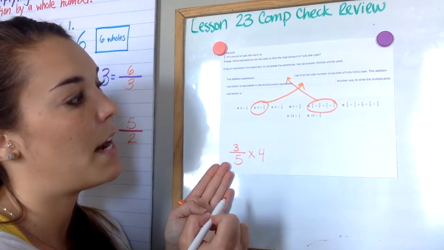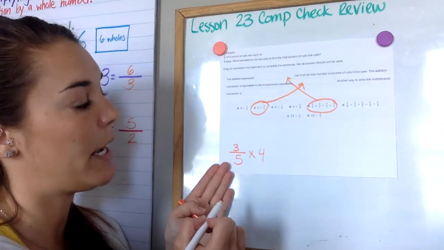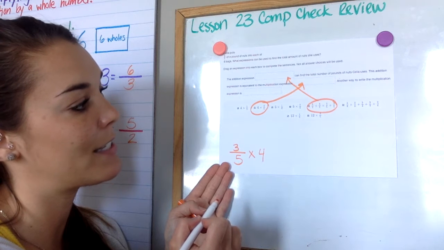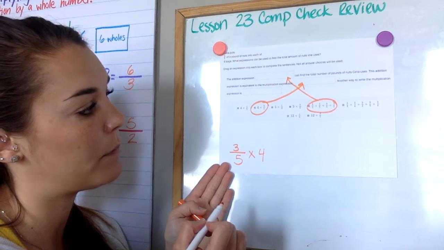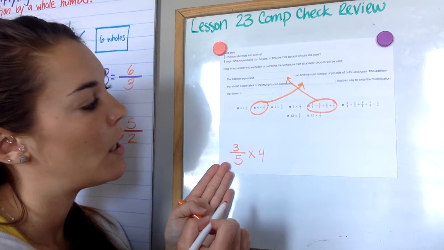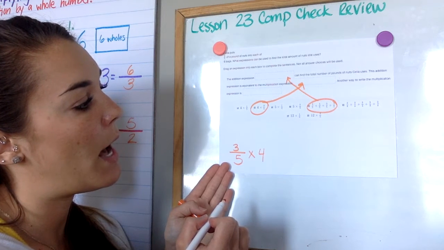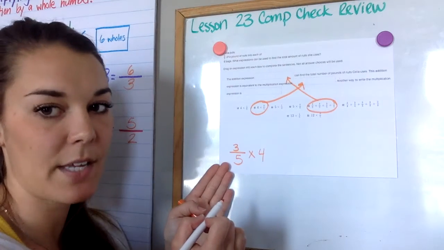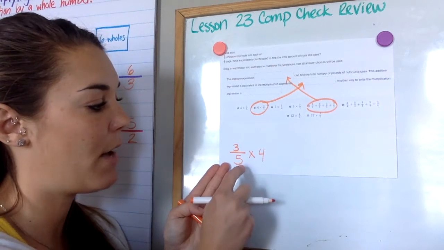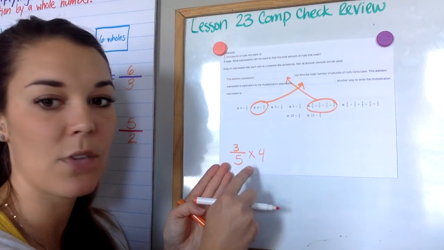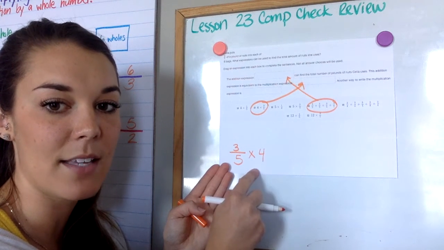And then it says another way to write the multiplication expression is, so, what are my other options here? Let's solve this so that we can think about what our other option would be. Because I need to find a multiplication expression that's going to equal the same thing as this.